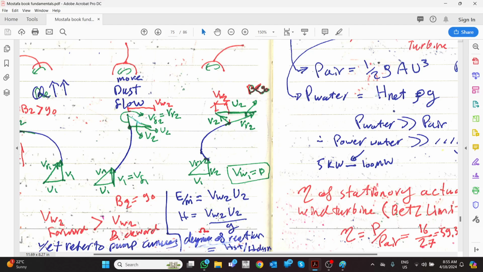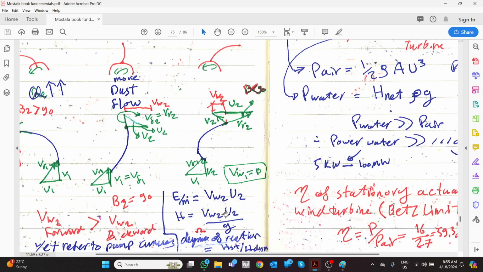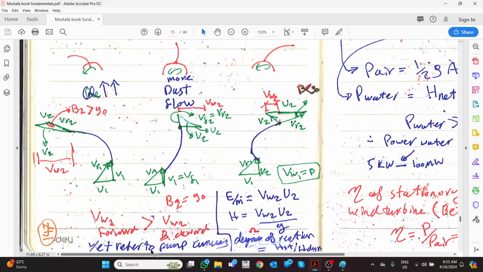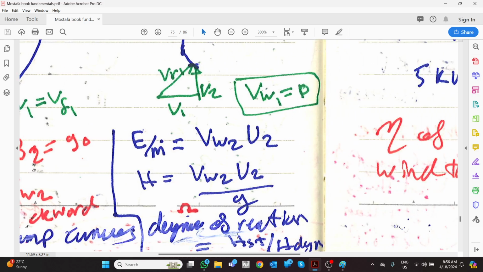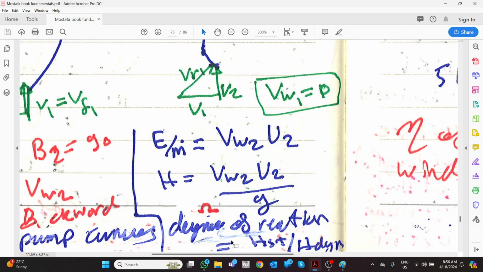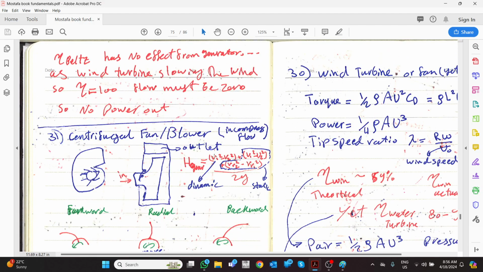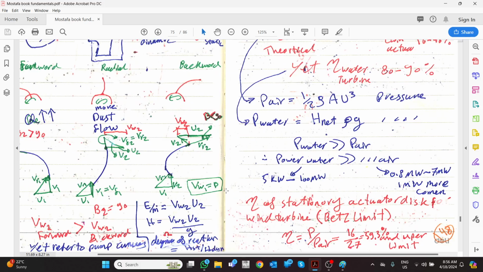So as before, it is VW2 U2 like the centrifugal compressor, divided by g, and we can state the degree of reaction, like what is happening in the static divided by what happens in the dynamic. So this is the static divided by the dynamic. Okay, just as a point of view.